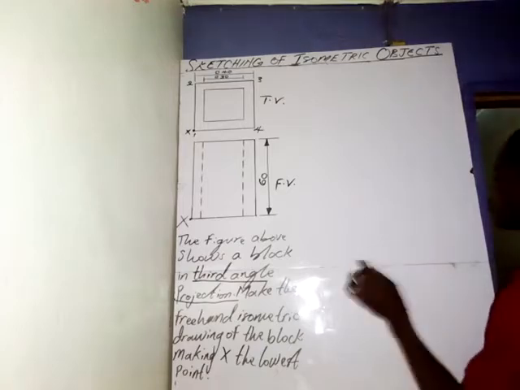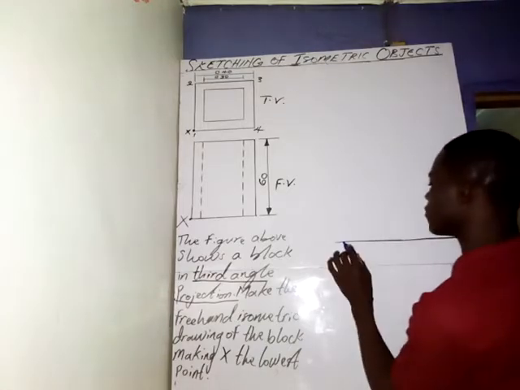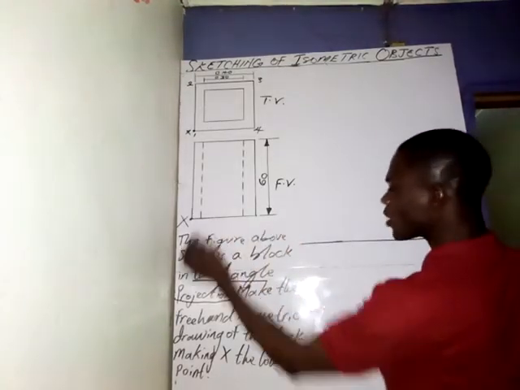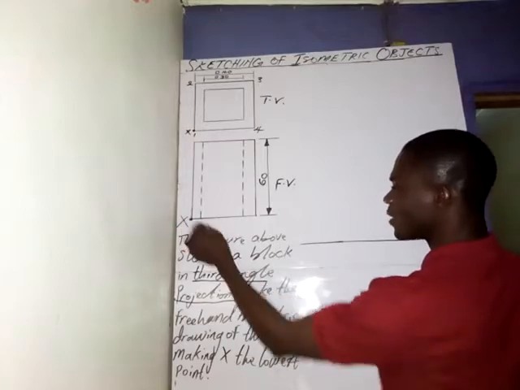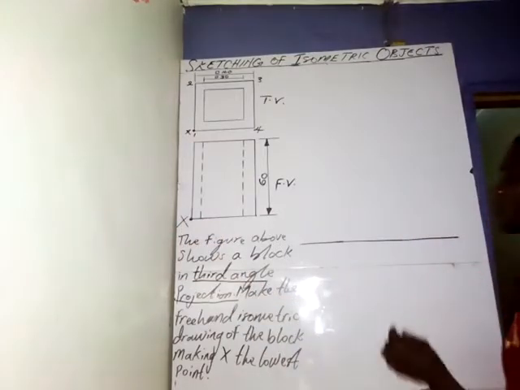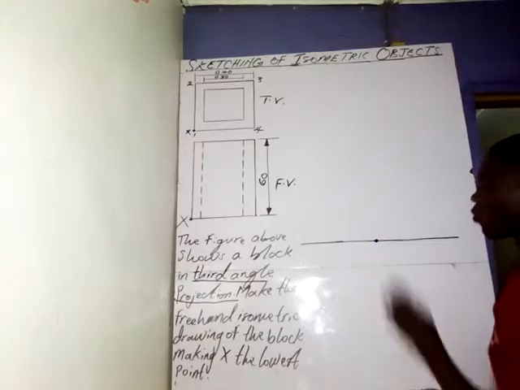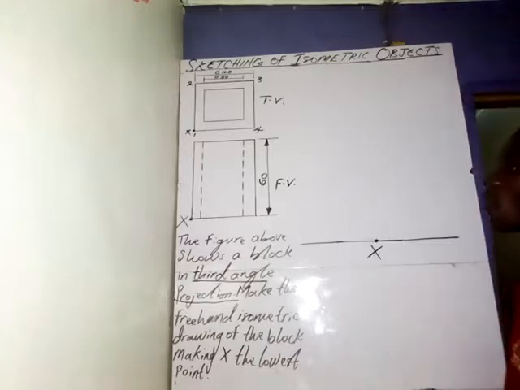The first thing that we need to do is to draw the horizontal projection line free-handed. Then in the question, we are asked to make X the lowest point. So you put a dot somewhere here and you call it X. This is where we are going to have the lowest point.